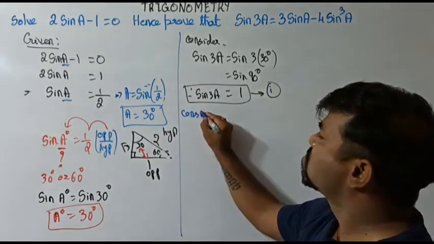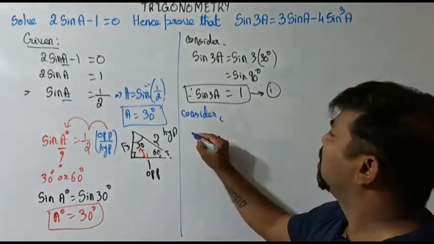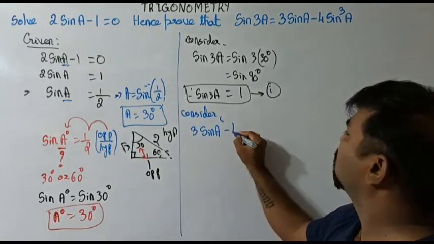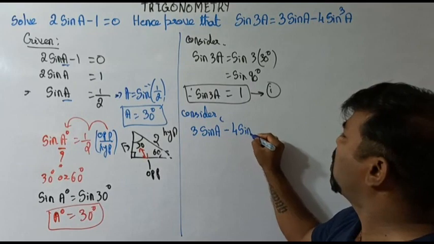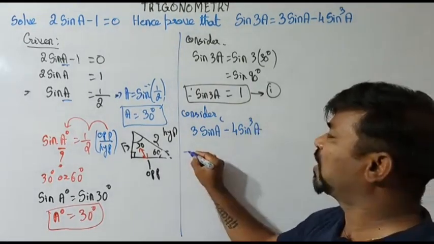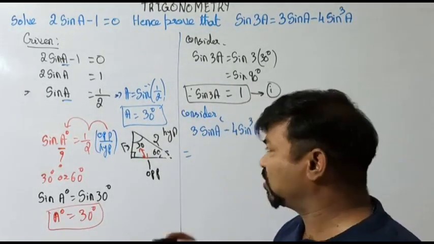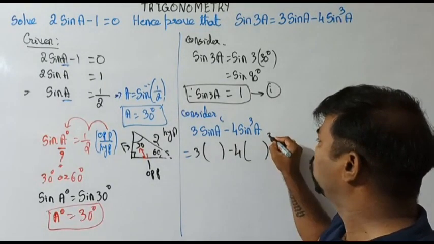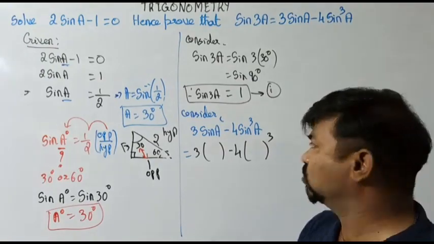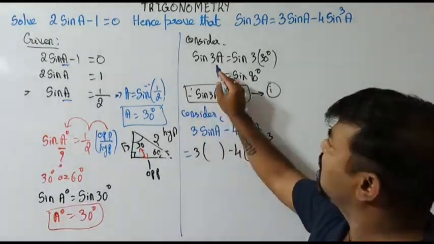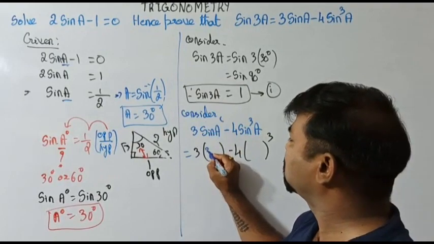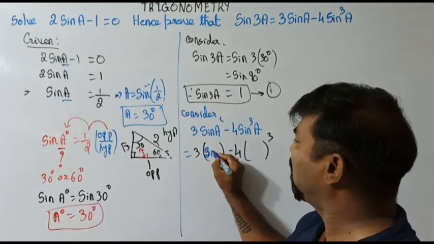Consider 3 sin A minus 4 sin cube A. Let's plug in the values and check it out. We know the value of sin A. What is the angle A?